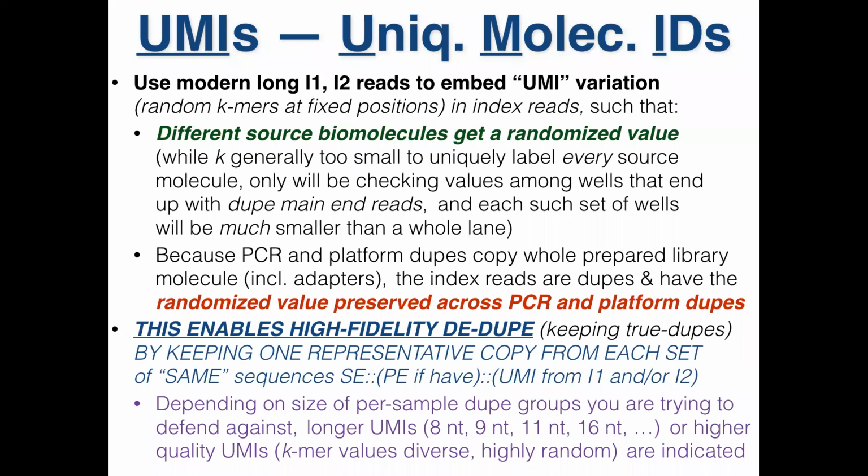What that means is that those other positions in the index, we will arrange to be randomized. When the company that makes your adapter synthesizes them, when you order adapters, you can order randomized bases, because the chemistry is an incorporation process.